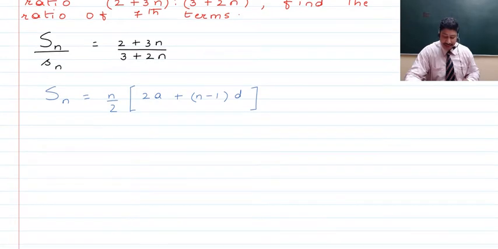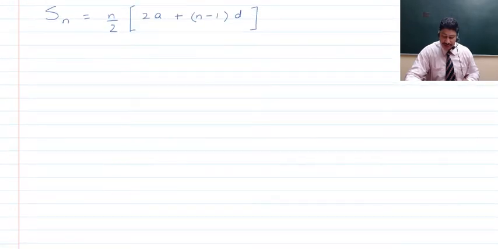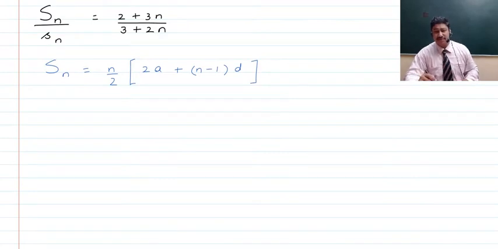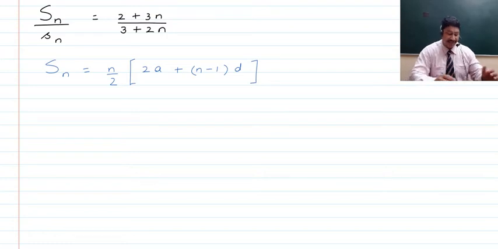Now remember, as these are two different series, for the first series the first term will be different, and for the second it will be different. Similarly, the common difference of the first series and the second series will both be different. So let's consider the sum of n terms which has been written by capital S.